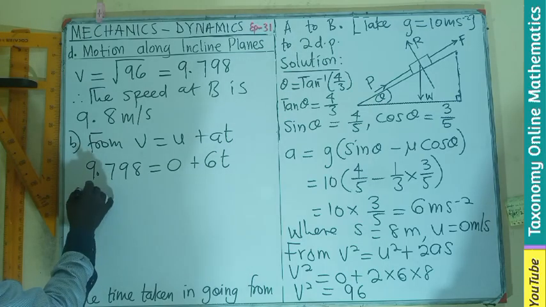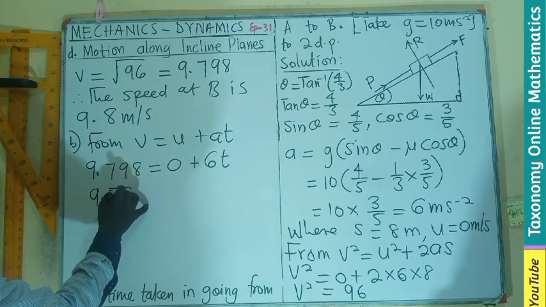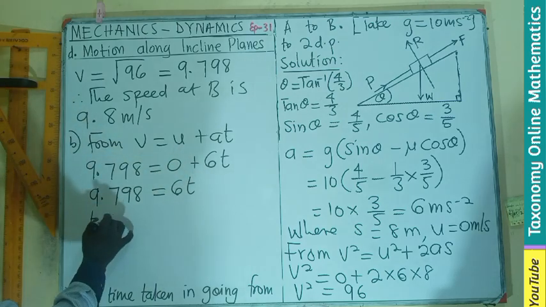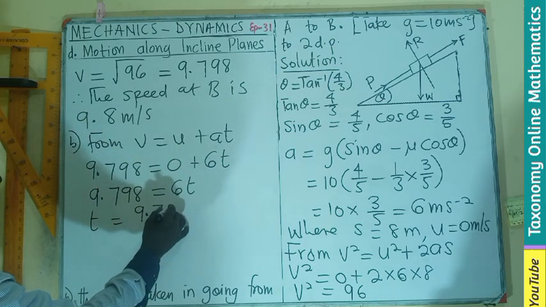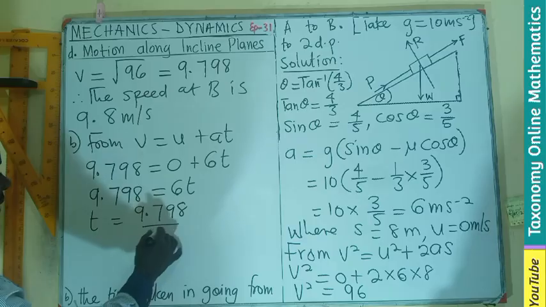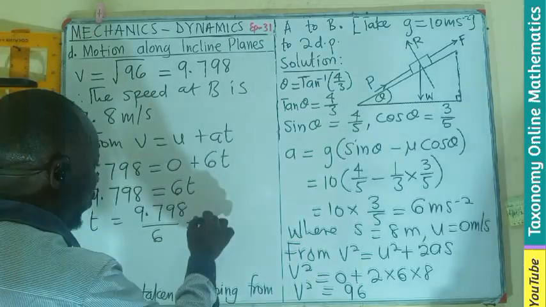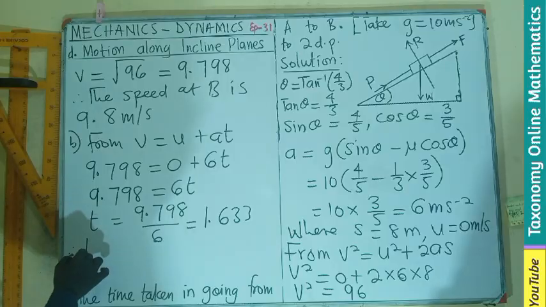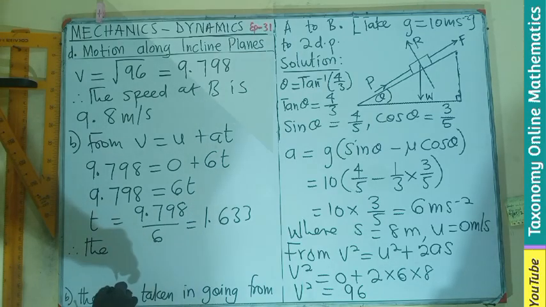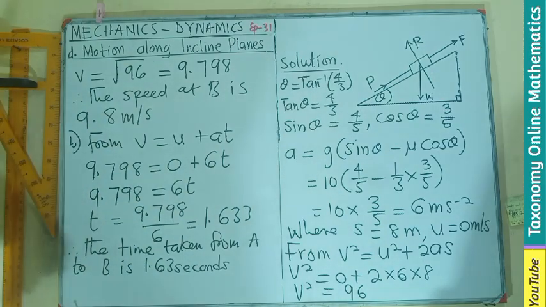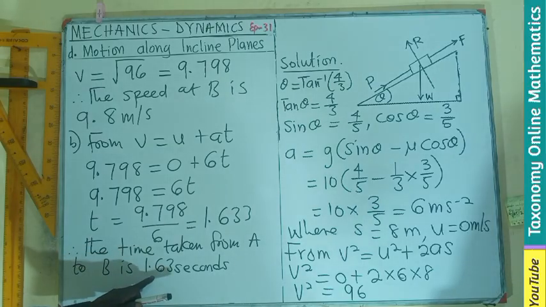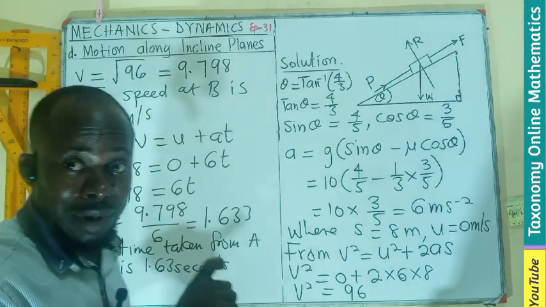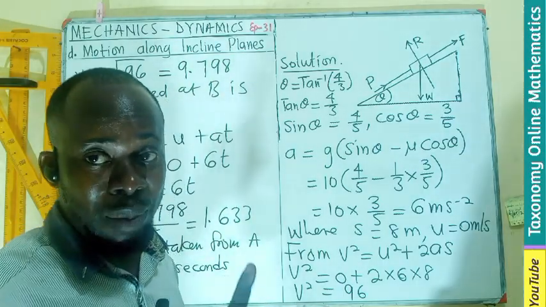Then that becomes 9.798 equals 6t. Divide both sides by 6, and it will give you 1.633. Therefore, the time taken from point A to point B is going to be 1.63. This is to 2 decimal places. The first one is to 1 decimal place.